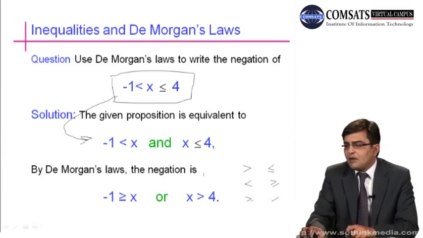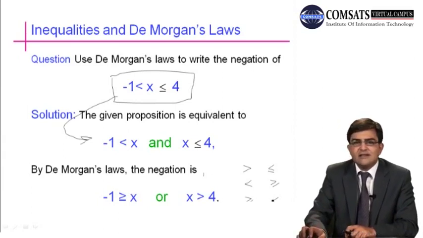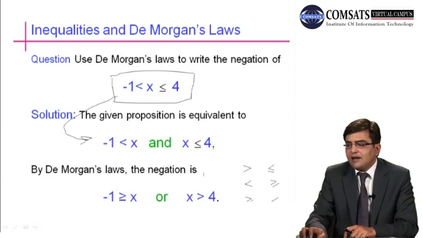So here we write the negation of minus 1 is less than x as minus 1 is greater than or equal to x, and the conjunction operator "and" will be converted to the disjunction operator "or", and the negation of x less than or equal to 4 will be x greater than 4.